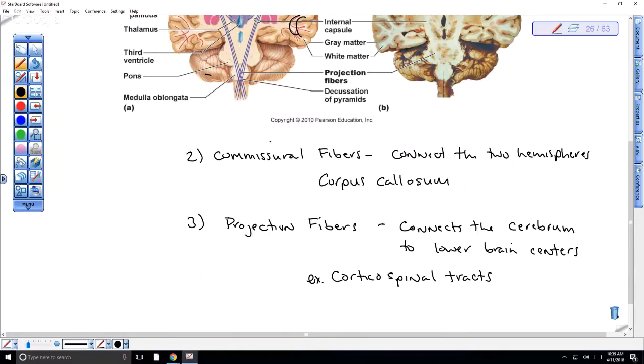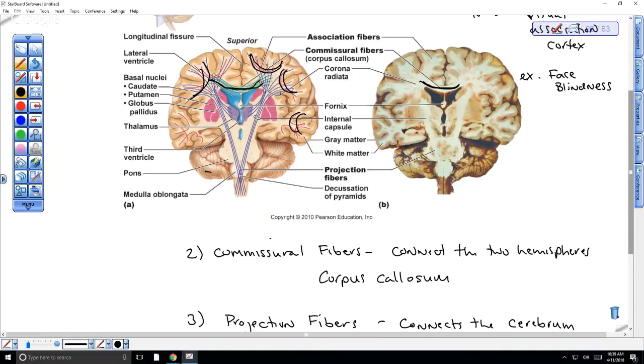You'll also notice when you look at this section that there are nuclei. These are stained pink in this diagram. If you remember from our terminology, what are the nuclei in the brain composed of? Bundles of cell bodies.